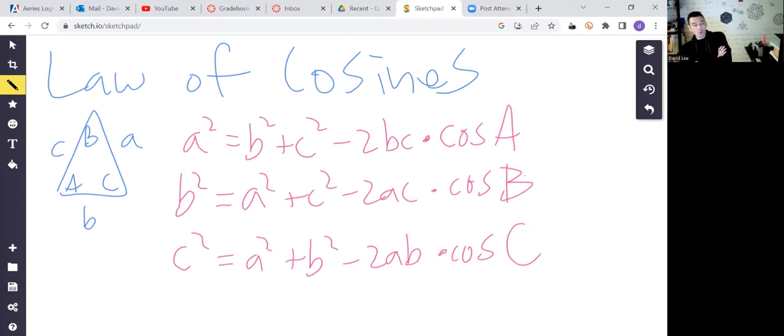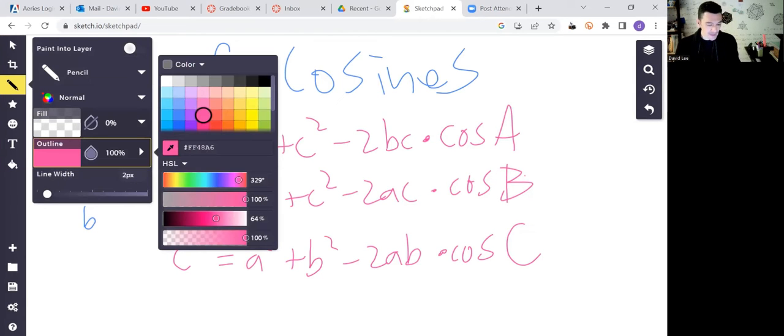So how do I know which of the three formulas I should use? It all depends on what you're given. So maybe don't copy, just watch.